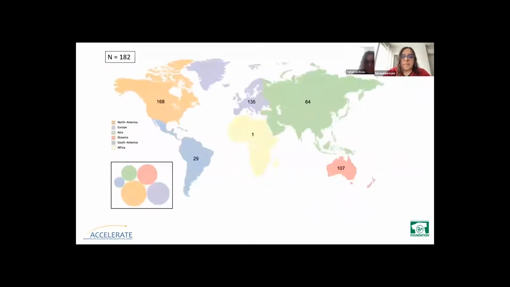Another example is the International Collaboration Working Group, which has the aim of improving intercontinental collaboration. As you know, pediatric oncology is a rare disease, so the numbers are very low, as we mentioned at the beginning of the presentation.